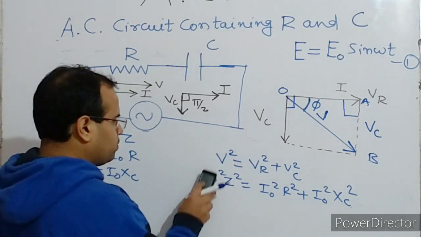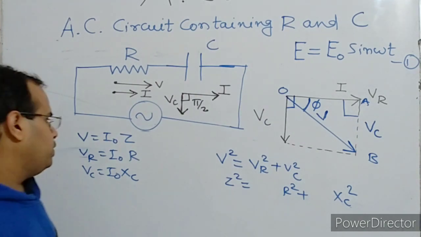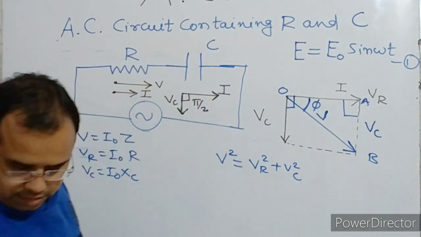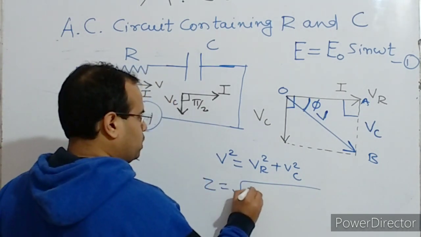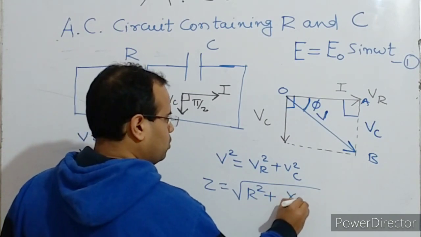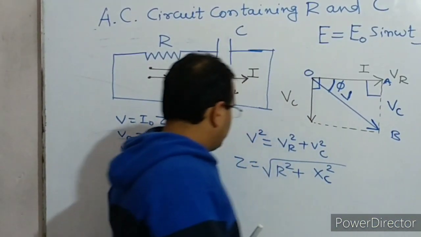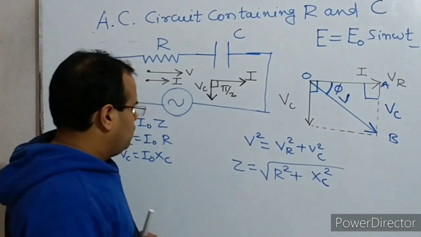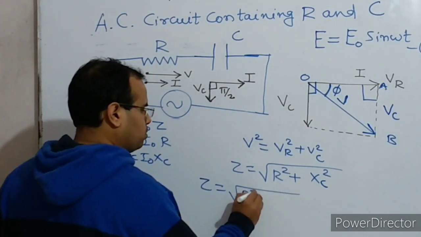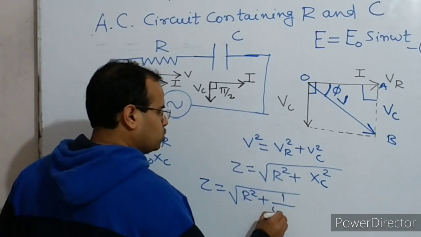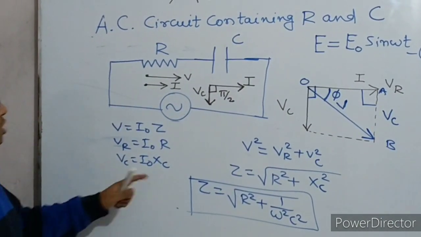So when we do this, to find Z we can write Z equals under the root of R square plus XC square, and with XC equal to 1 upon omega C, that can be written as Z equals under the root R square plus 1 upon omega square C square, and that is the expression for the impedance.